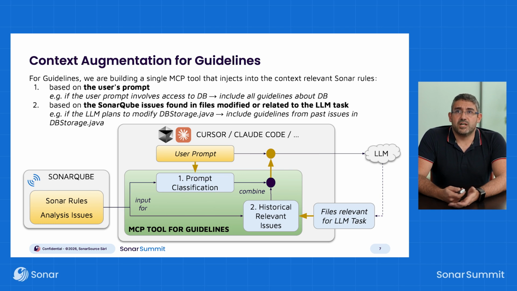And if the LLM plans to modify a specific file, for example, a file called dbstorage.java, then we include the guidelines that come from past issues on that file specifically. So essentially, we take a historical perspective on the issues, and we use these two techniques to get guidelines which are relevant to the context, and then we combine them and we augment the context with this information.